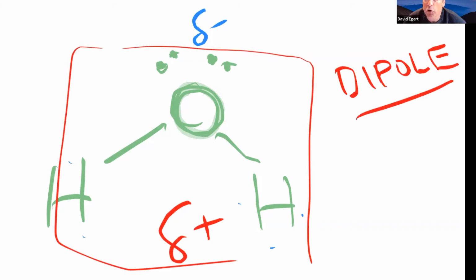Dipole meaning it has two poles, two different sides that are not the same as each other. If you look at it from this side, it's more negative. If you look at it from this side, it's more positive. So this is what we would call a polar covalent bond.